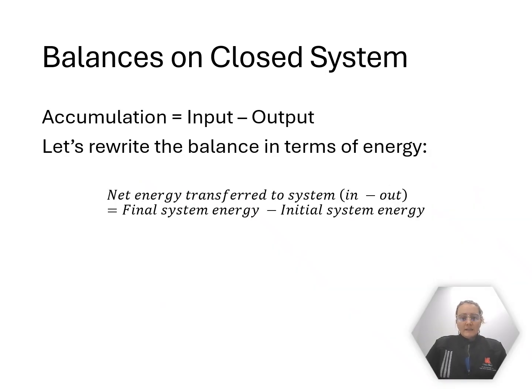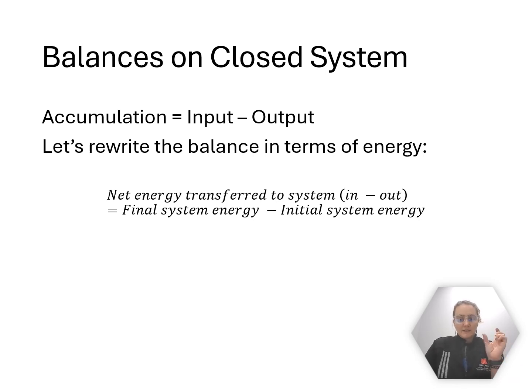So if we write accumulation equals input minus output in terms of energy, we basically have the net energy transferred to the system, which is in minus out, is equal to the final system energy minus the initial system energy. That's effectively the way that we rewrite accumulation equals input minus output.